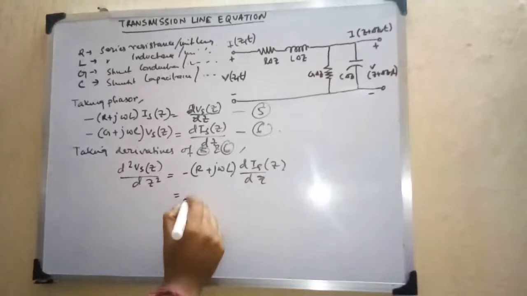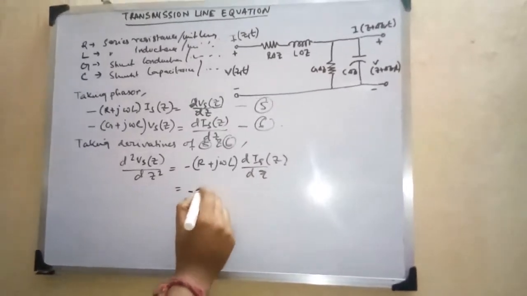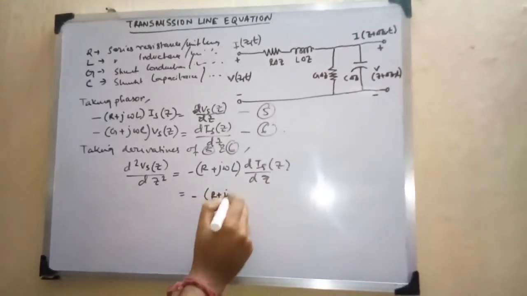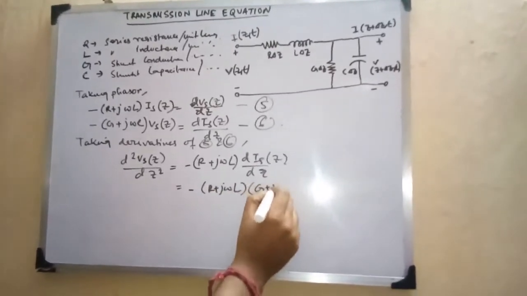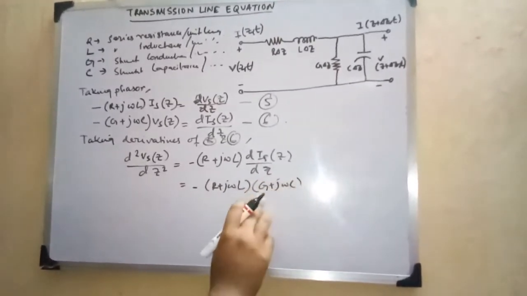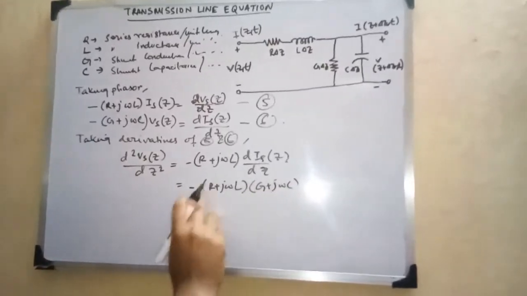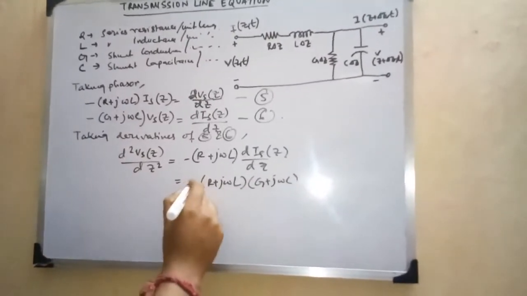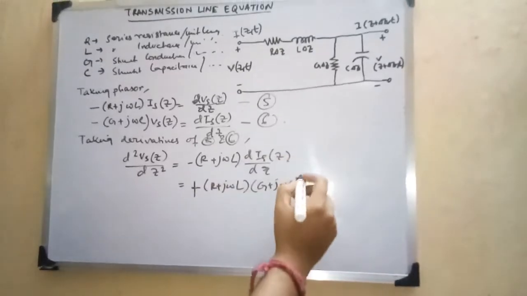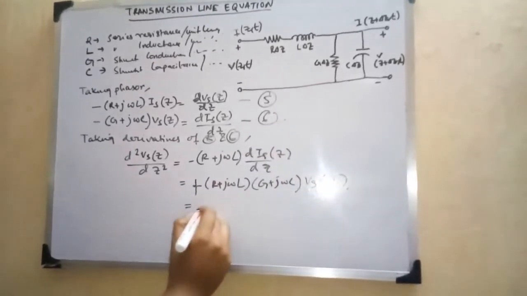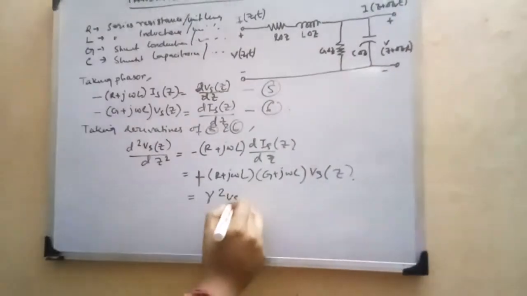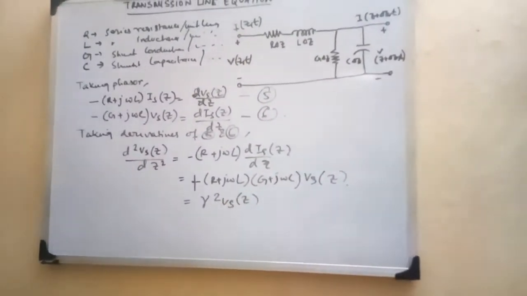So we can write this as minus (R plus j omega L) times minus (G plus j omega C), so minus and minus will be plus, V_s(z), that is equal to gamma square V_s(z), right?